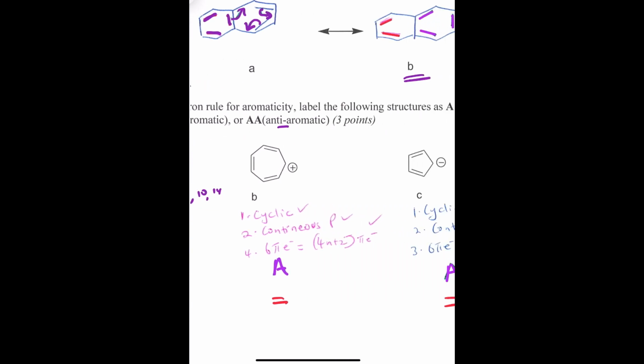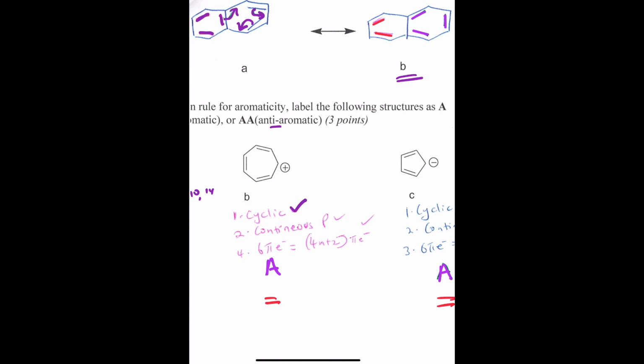Next structure, it's a cyclic system, yes. Continuous p orbital, yes, because that one has an empty p orbital. The plus charge is on a p orbital, so it has an empty p orbital, and therefore you have an overlap with the other p orbitals on the other double bonds. So you have a continuous conjugation.